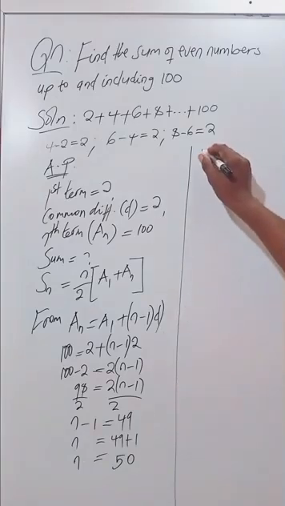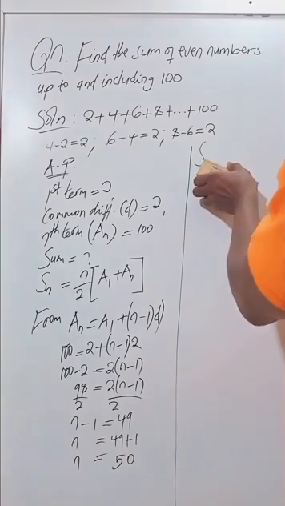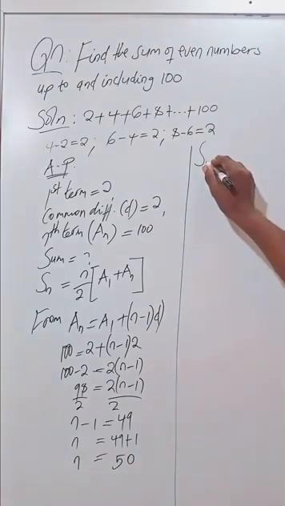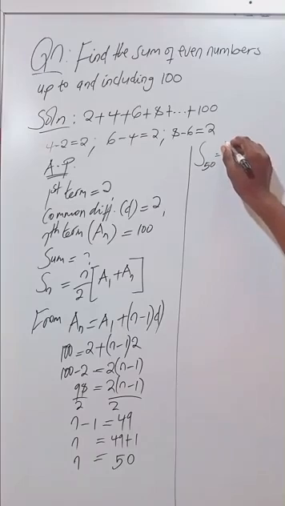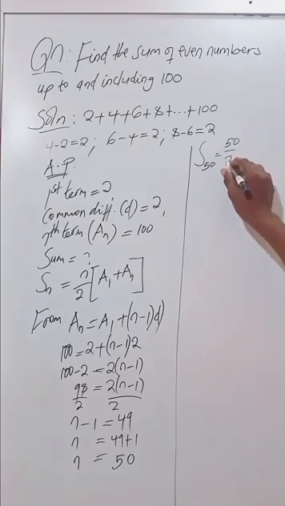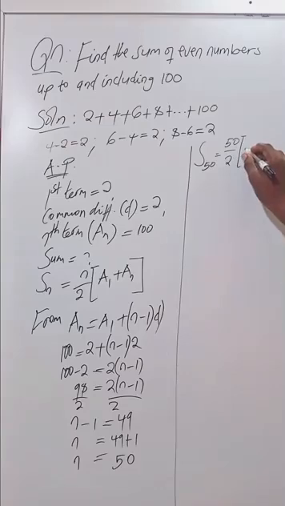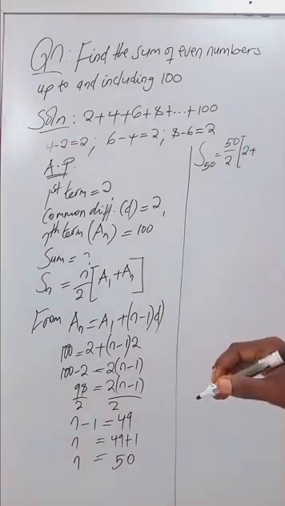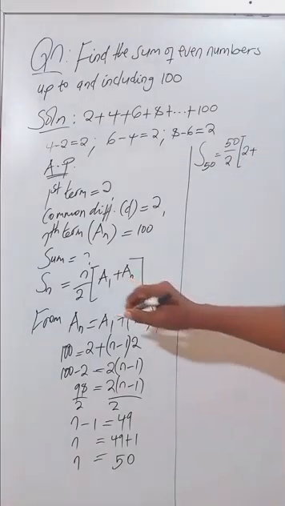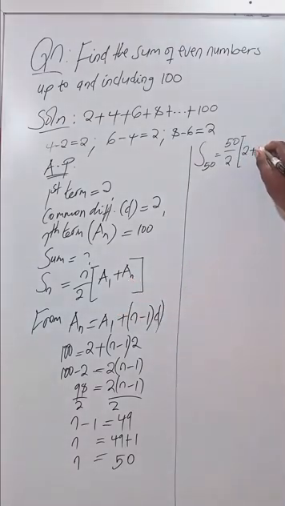Now we can write our formula as S_50. We have 50 terms. So S_50 will be equal to 50 divided by 2, into bracket, a_1, this is 2, then a_n, that's the last term, we know it's 100.